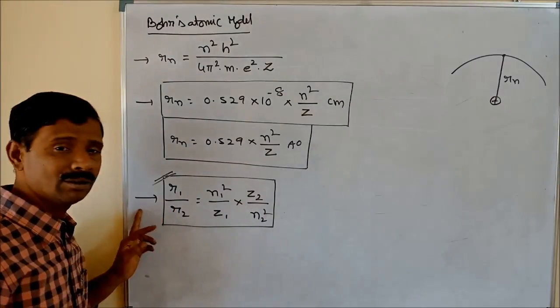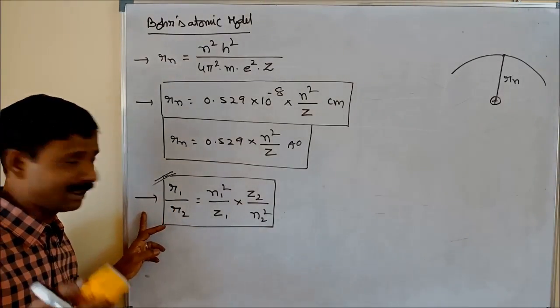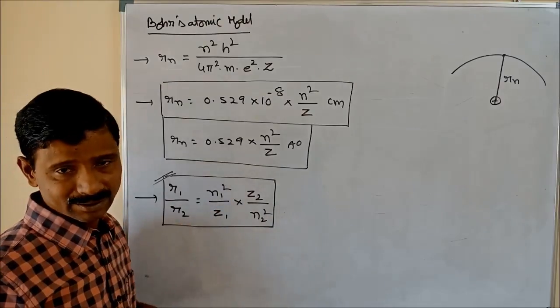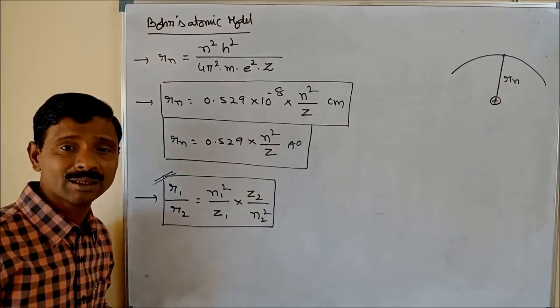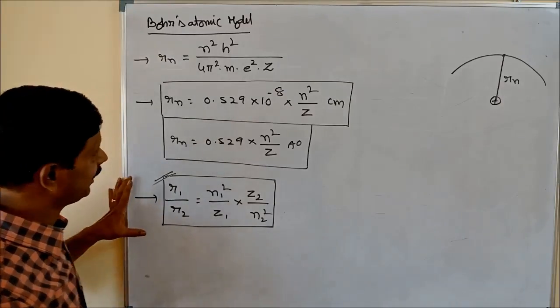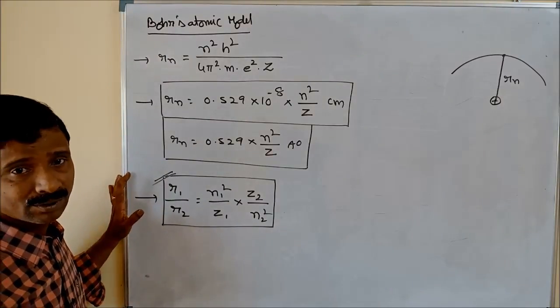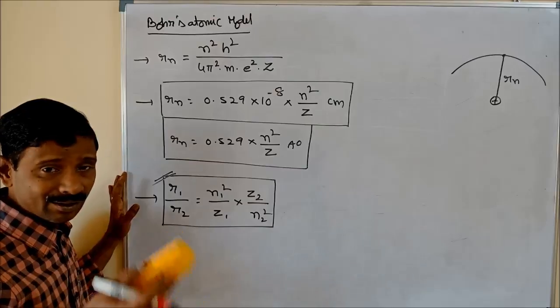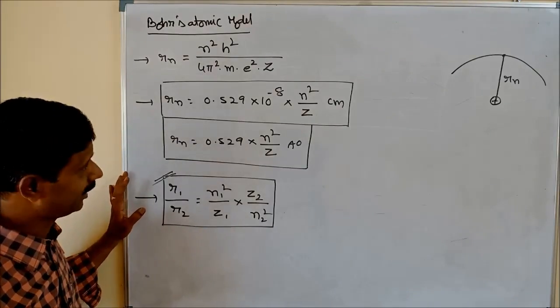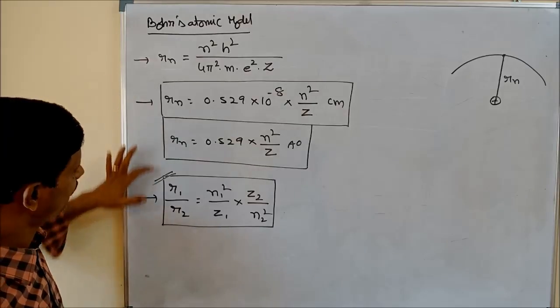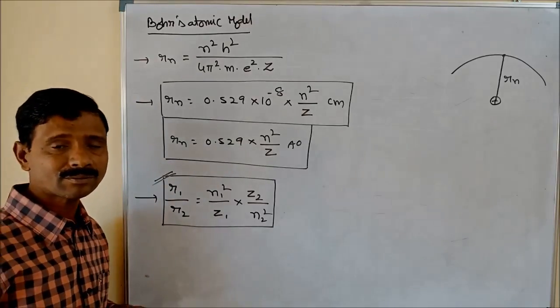At that instant, you have to use this. If it is in the same atom, z is going to be cancelled. In different atoms, we have to use the atomic numbers. So that is how to find the radius of any orbit in any atom according to Bohr's model. So be clear about these three relations.